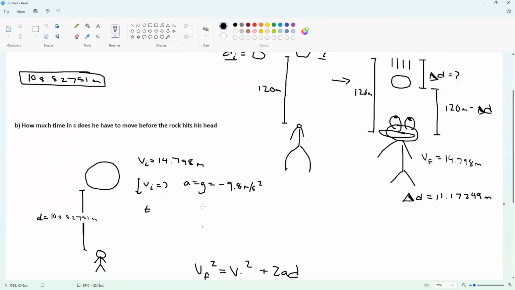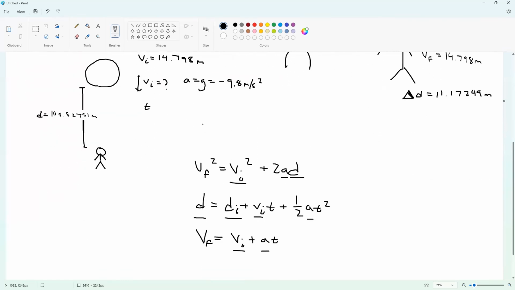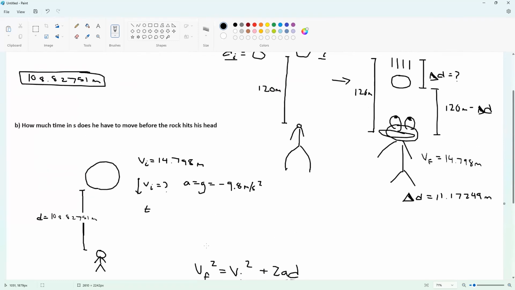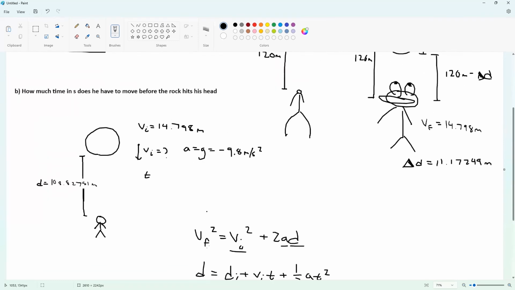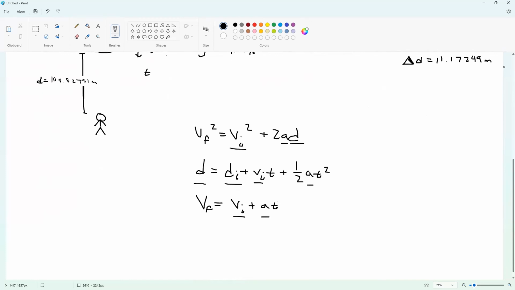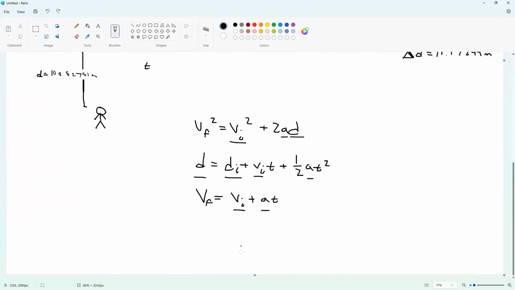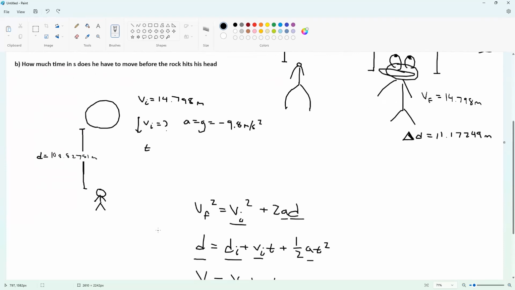And we're looking for how much time he has. So we're looking for time. We can't use this one because we still don't know the final velocity. We could possibly use this one, but I'm going to tell you right now, you don't want to use this one, because the algebraic manipulation is disgusting.